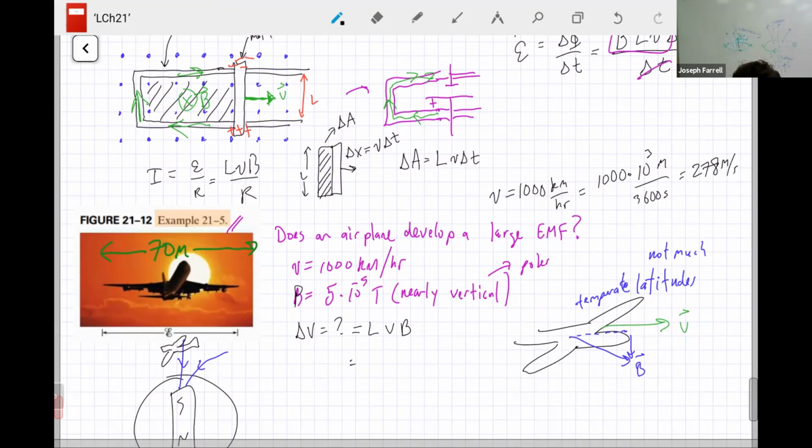Then we multiply all those together: 70 meters, 278 meters per second, and the magnetic field, 5 times 10 to the minus 5. So it looks like we're going to have a 10 to the minus 2, or maybe 10 to the minus 1 here, so it's not too small. Times 70 times 5e to the minus 5, around 0.97 volts. So approximately 1 volt.